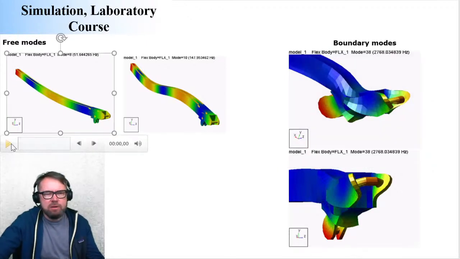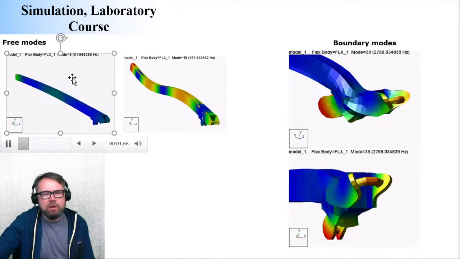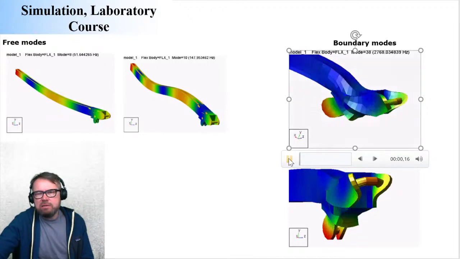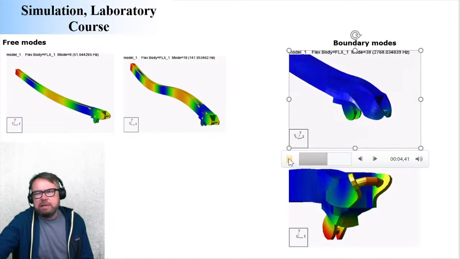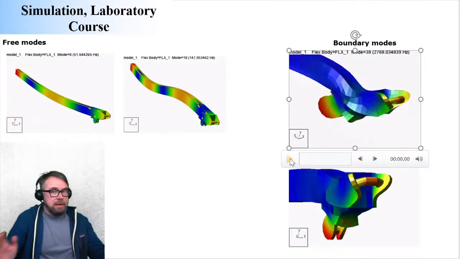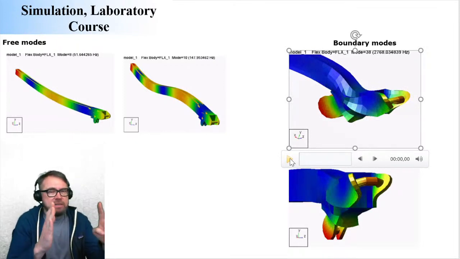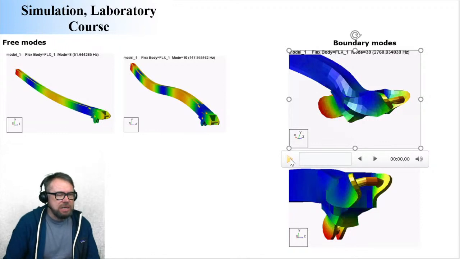Here's an example of the low frequency: this deformation mode is 51 hertz, and then you have this deformation mode, which is 2768 hertz. So the scaling difference is huge. Because you have these low and high frequencies, your time integration scheme is struggling.